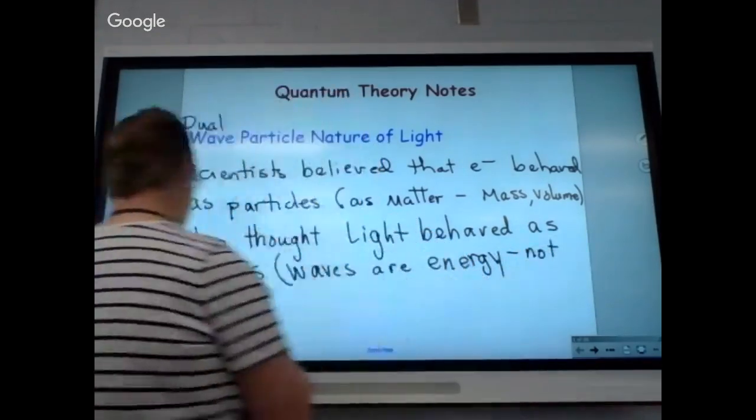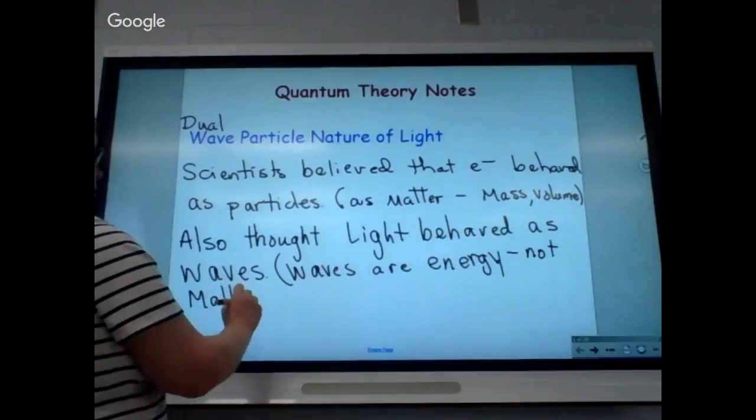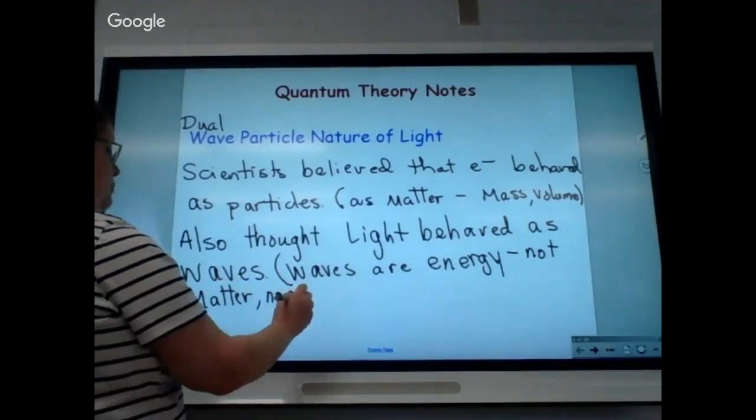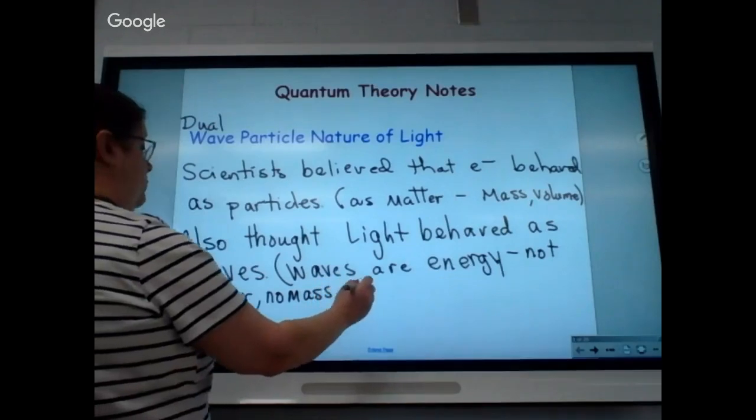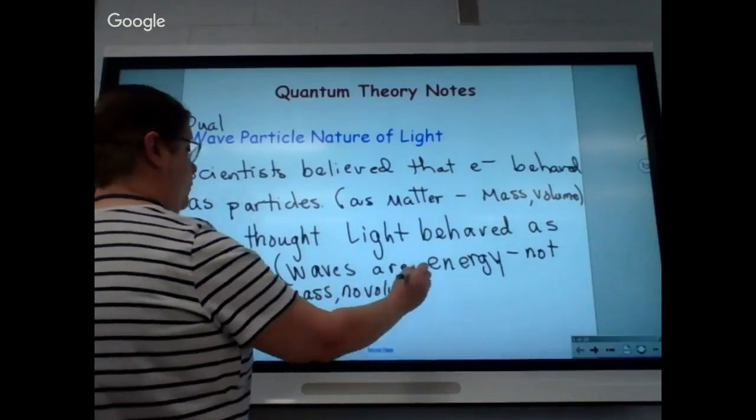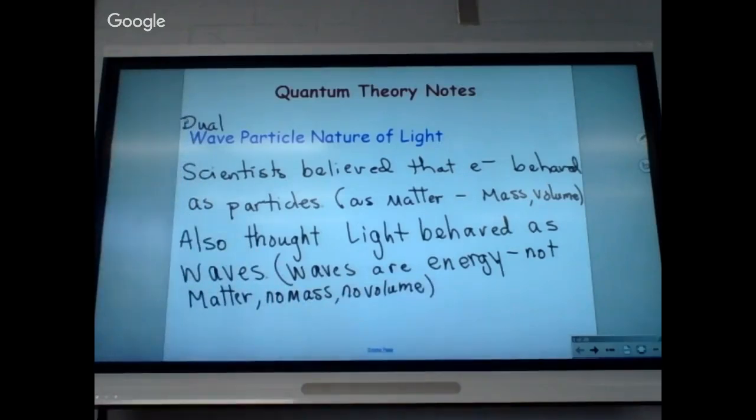That's not matter. Meaning it has no mass and no volume. All right? So, the old theory about electrons is that electrons behave as particles. They have a mass, they have a volume. Light behaves as waves. It's energy. Has no mass, has no volume. Everybody okay with the theory of what electrons and light are?